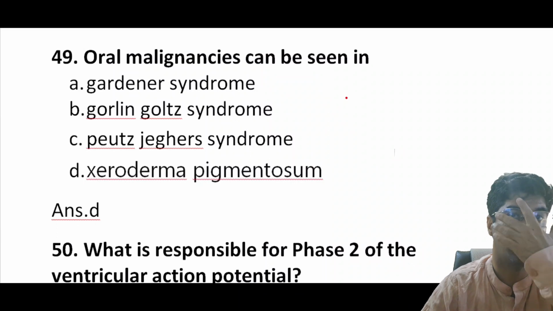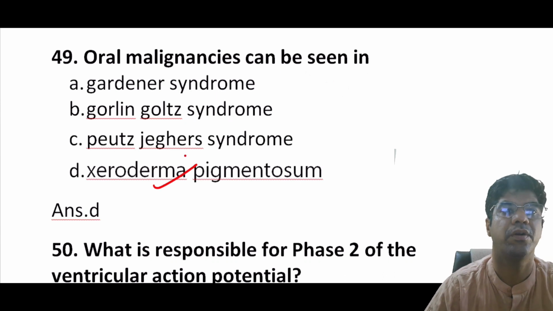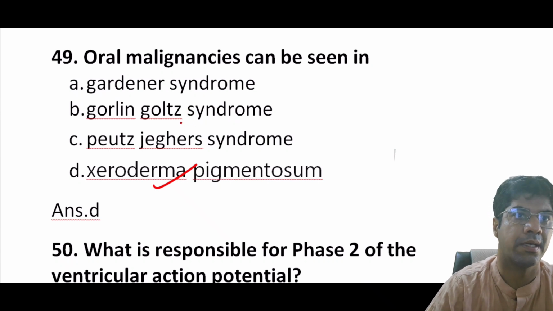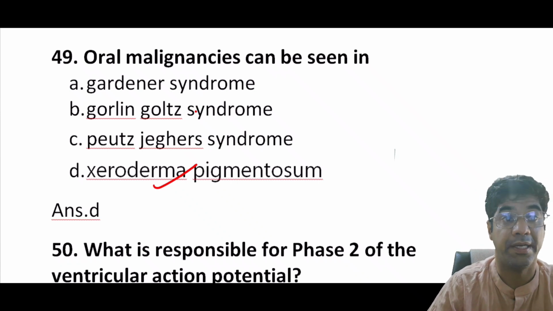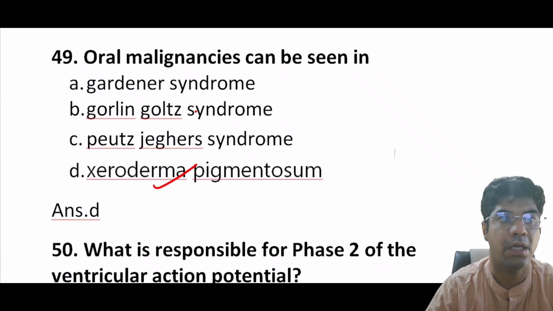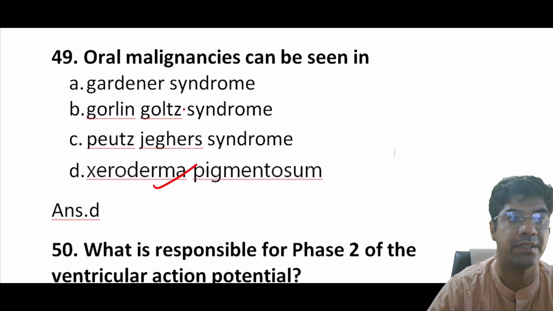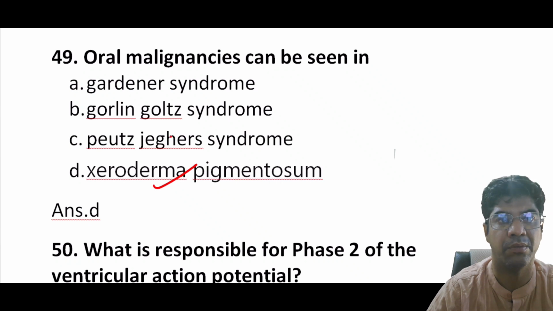Coming to the next question, the oral malignancies can be seen in, the answer is xeroderma pigmentosum. Xeroderma pigmentosum is a rare autosomal recessive condition characterized by extreme sensitivity to UV light, resulting in sunburn, freckling, and increased risk of developing skin cancers, including squamous cell carcinoma and basal cell carcinoma.